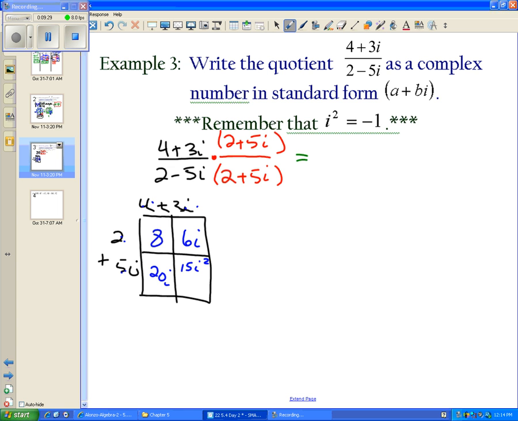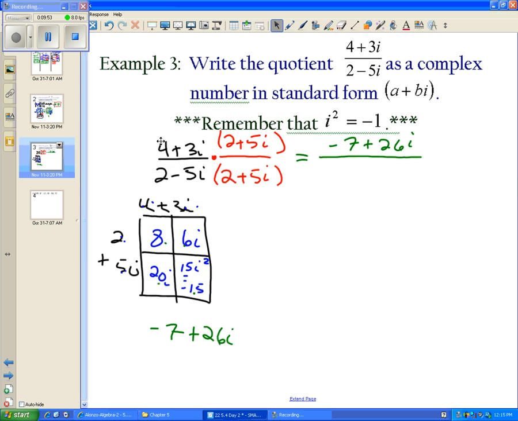I squared is negative 1, so this is negative 15. Combining like terms, 8 minus 15 is negative 7. 6i plus 20i is a positive 26i. So my numerator is negative 7 plus 26i.